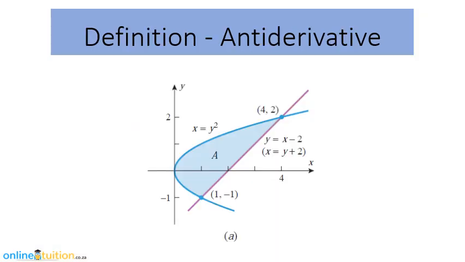What I'm going to do here is to have a look at these 2 curves. So you have a curve x equals y squared, or y equals root x, and then you've got y equals x minus 2, which is this purple line, the straight line, and they want you to work out the area of that shaded region. Now, let's assume that we're going to blindly go in there and partition vertically.